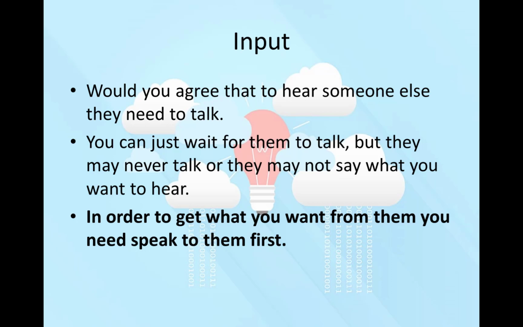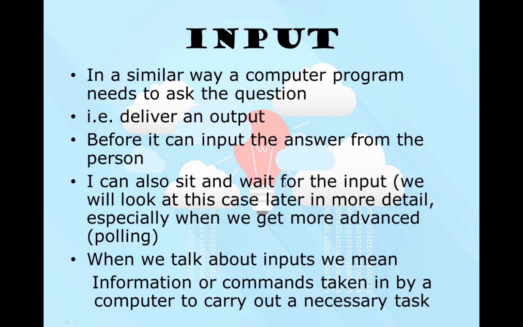You can wait for them to talk, but they may never talk, or they may not say what you want to hear. In order to get what you want from them, you need to speak to them first. Do you get me?